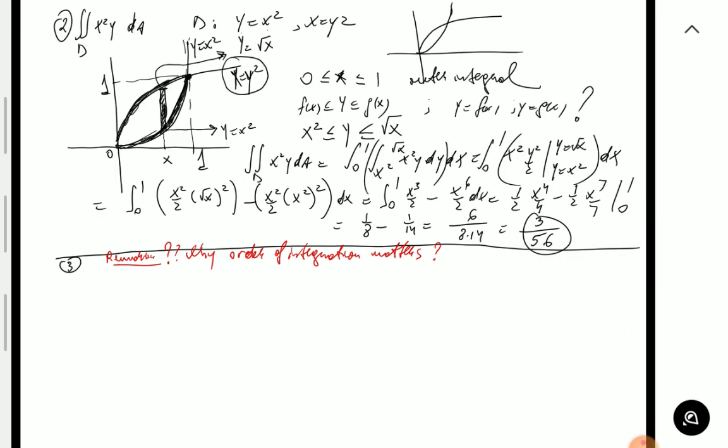So what if you have, let me see, what if you have as a problem, find the integral from 0 to 1 and then from 0 to 1.